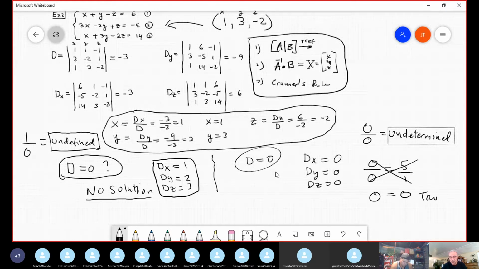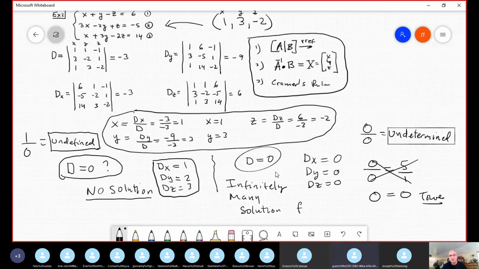This is a true statement. So any number satisfies this statement, undetermined. Therefore, in this case, you have infinitely many solutions. But you have no clear information about the amount of the free variables. That's the only disadvantage. But why don't you say, oh, I don't care about free variables? Okay, I understand. So if you don't care, maybe Kramer Rule is good.